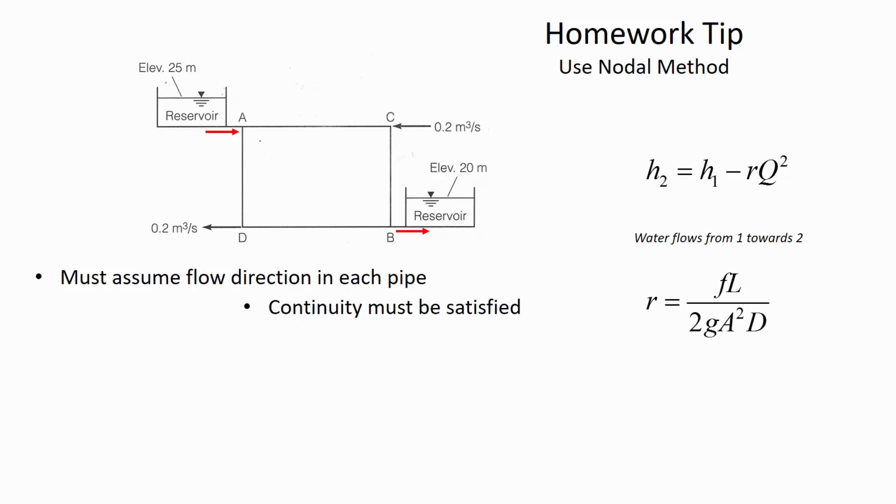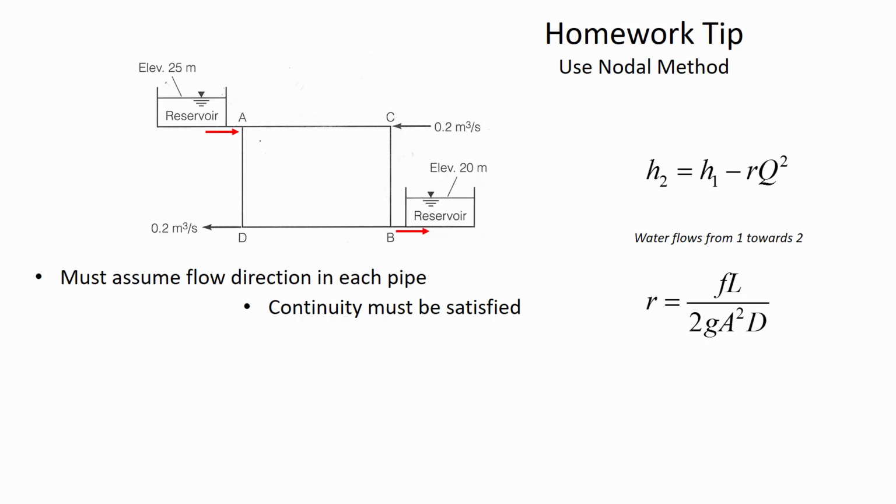Flow is going out at D, 0.2. That was C. Here's A. Here's B, I guess. And what it doesn't show is that it's constant head at the tanks.